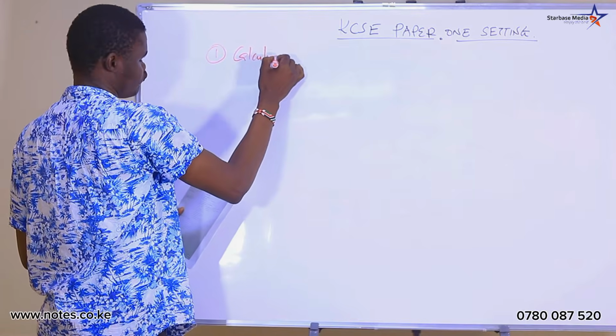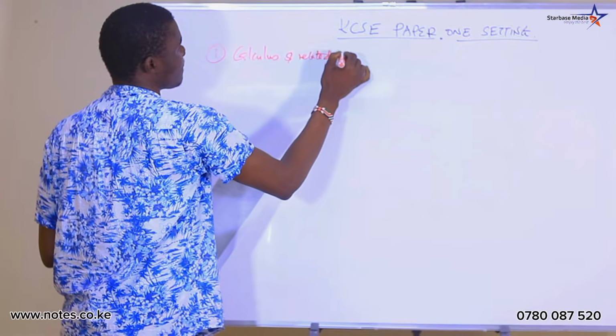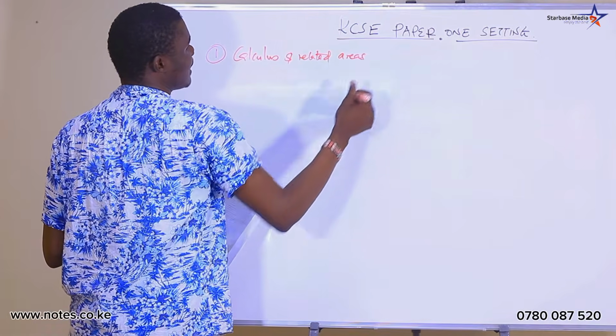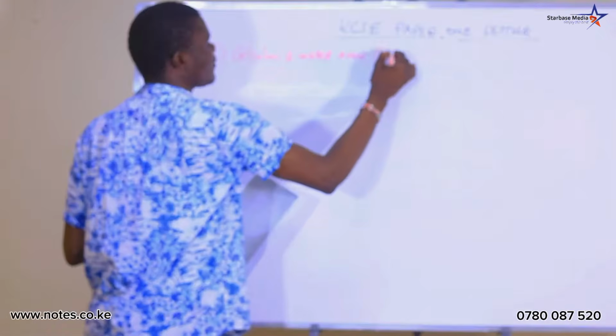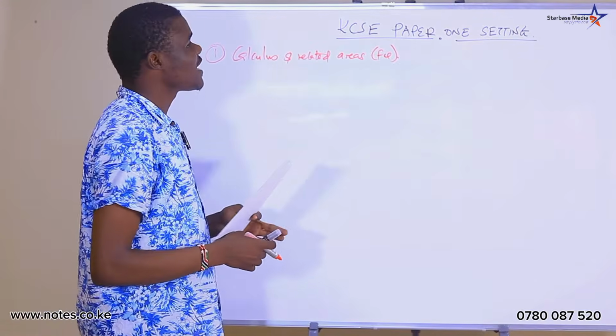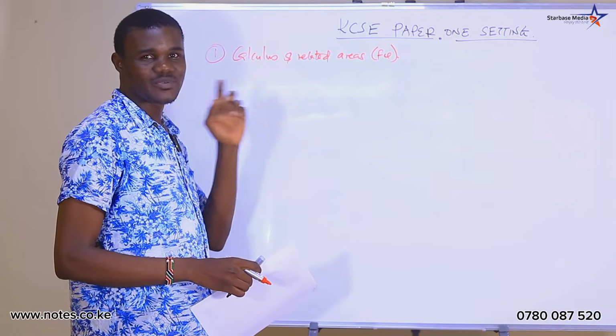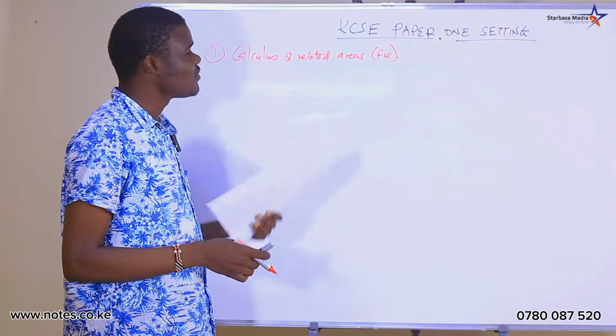Calculus and related areas. And this is a topic in Form 4. So when you are preparing for paper 1, know that one question will be in section A, and perhaps another in section B from this area.